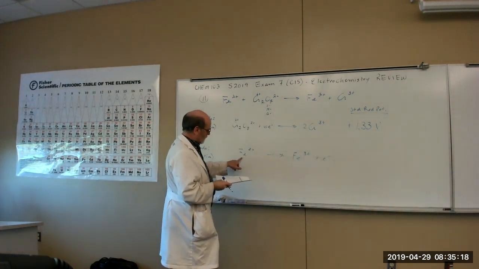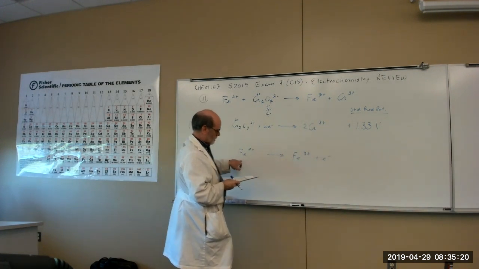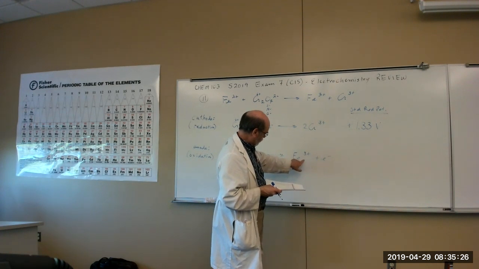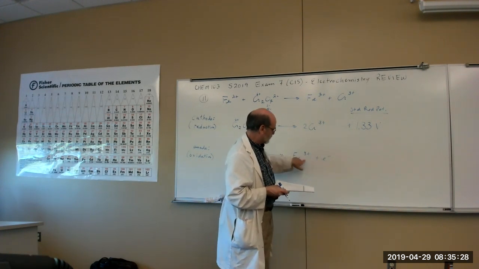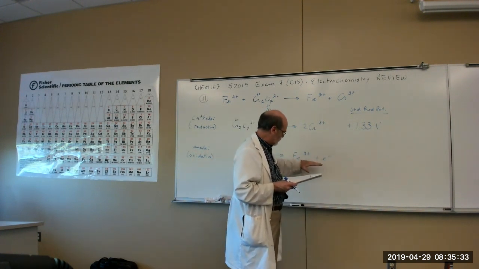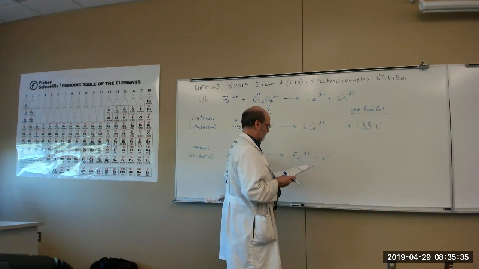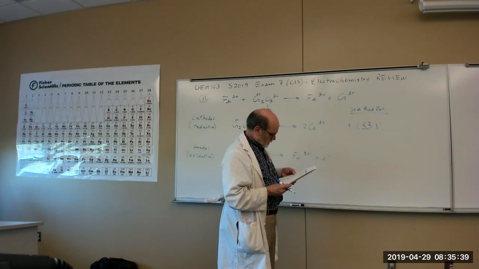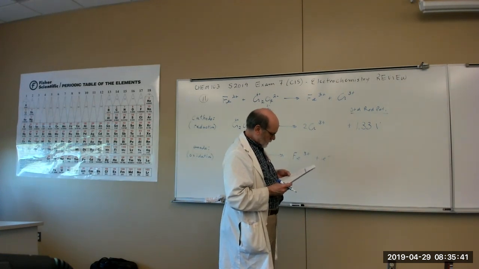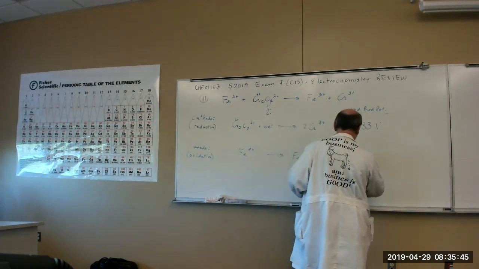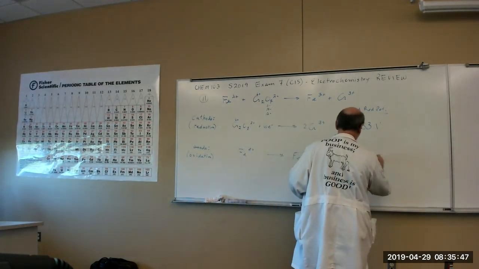This one is reversed. So we have to look for this one plus an electron, because this would be a reduction if we went from here to here. So we look at Fe3 plus. There it is, almost at the bottom, 0.77. 0.77 volts.